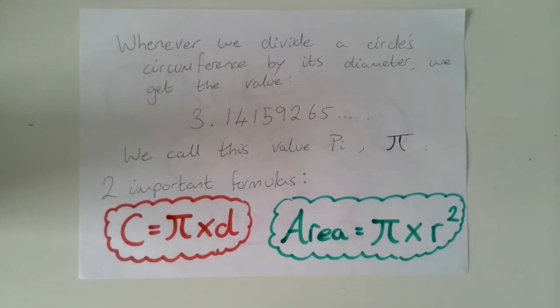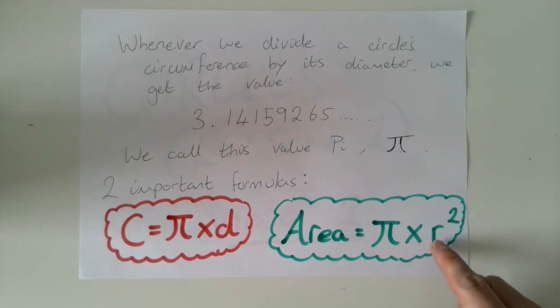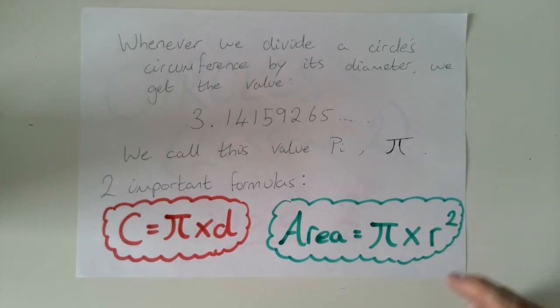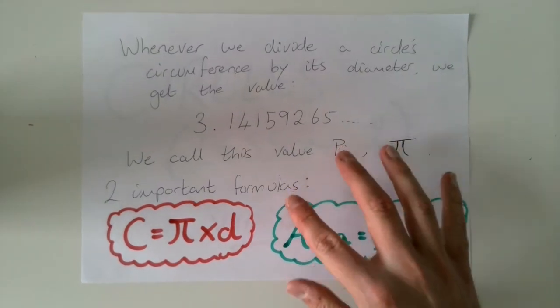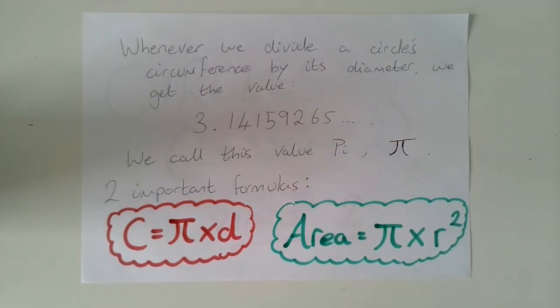But if we know what the radius of a circle is, then we can do pi times radius squared to find out the area. So make sure you've got all of this writing copied down. And then in your next lesson, we will do some calculations using pi.